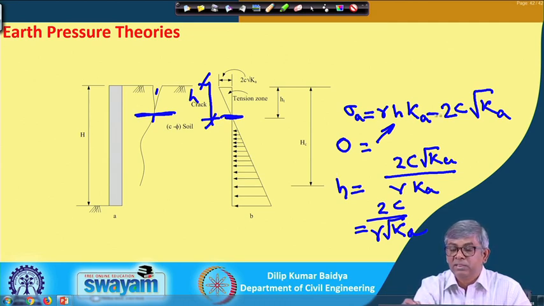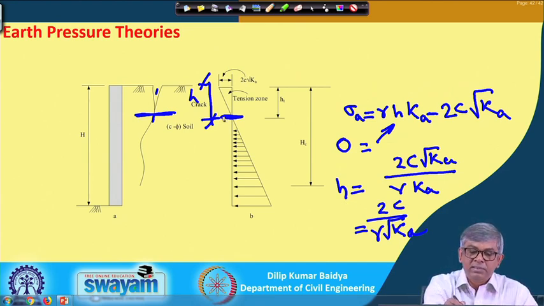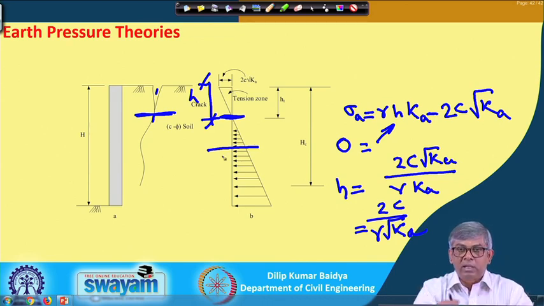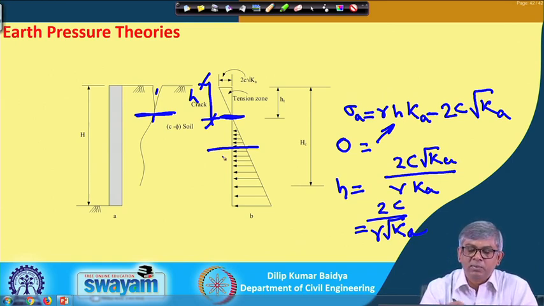Simplifying, I get h equal to 2c by gamma root K. That means up to this depth the tension crack will go, but since this is a pressure released because of excavation, it is double the amount: if I cut without support, it can stand. So the depth of unsupported cut will be just twice that. This is actually the depth of tension crack.